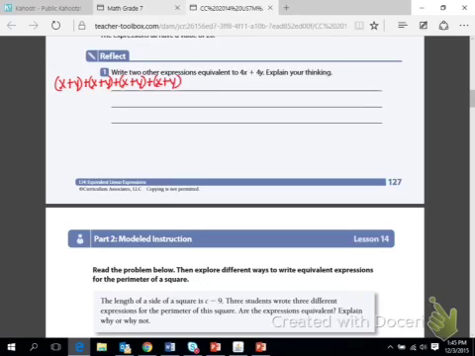From there, we used our commutative and associative property to create x plus x plus x plus x plus y plus y plus y plus y. We have said that there are 4 x's and 4 y's, which is actually the expression in our problem.